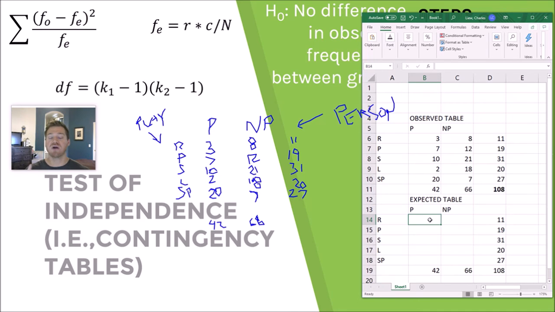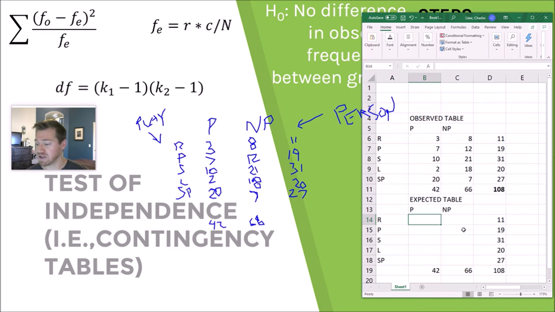That's what we're asking. We're asking, is there a difference in which type of play physicists like to make compared to non-physicists? So, for example, are physicists playing Spock more than expected, but non-physicists are playing scissors more than expected, right? So you're asking, is there some difference in this or not?